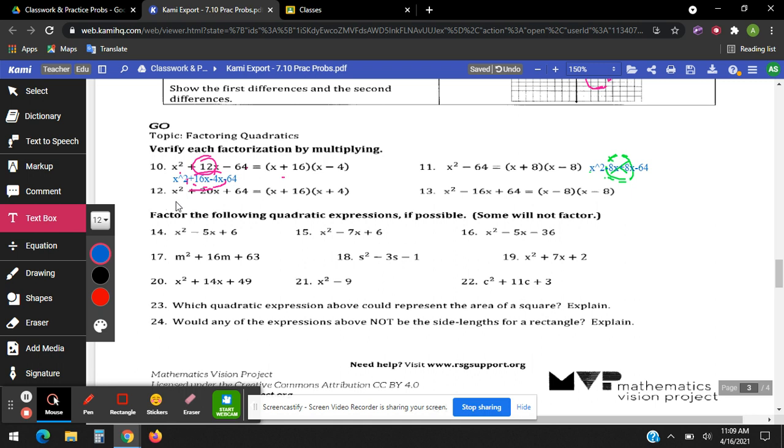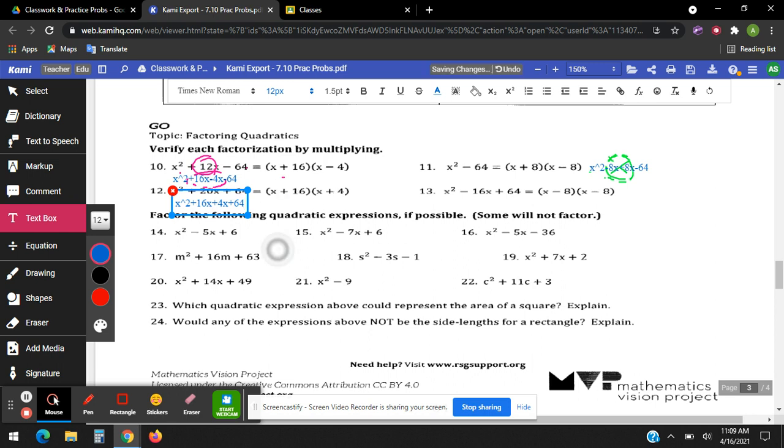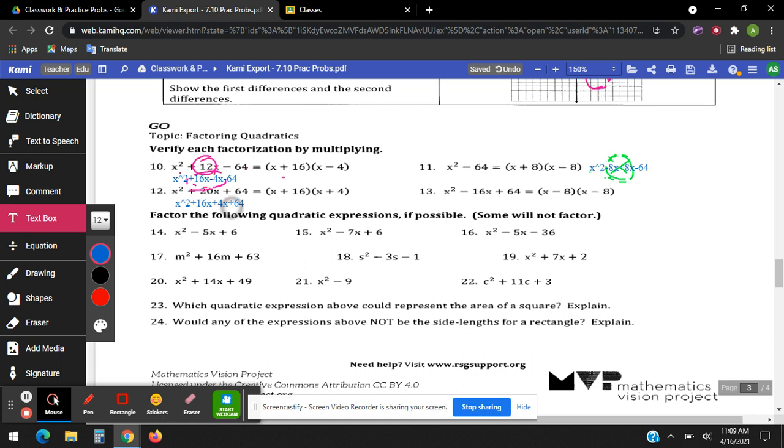Okay, next one. We have x to the second power plus 16x plus 4x. And then we are adding 64 this time because it's 16 times 4 positives. And so again, these two, 16 plus 4, combine to make the 20.